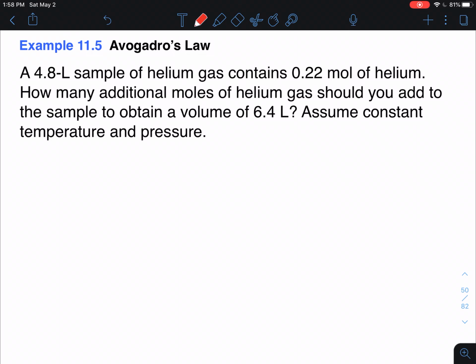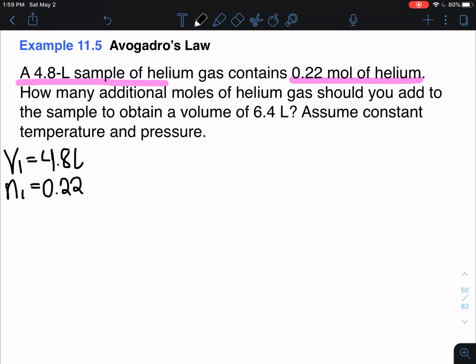So what we're going to do is sit back and say, all right, we'll go ahead and assign our units first. So we have a 4.8 liter sample of helium that contains 0.22 moles of helium. So our V1 is going to be 4.8 liters. Our N1 is going to be 0.22 mole of helium.